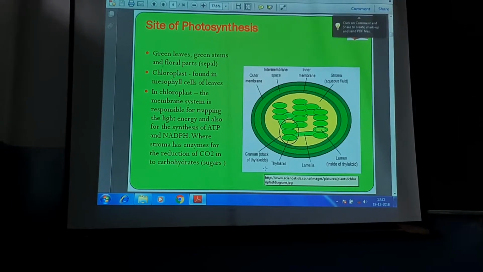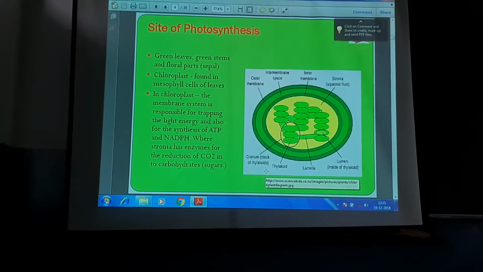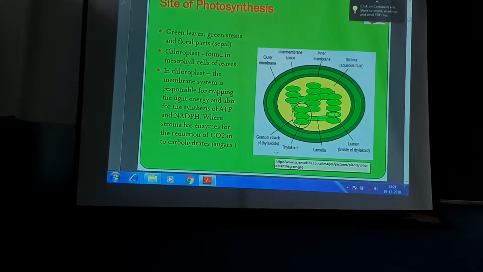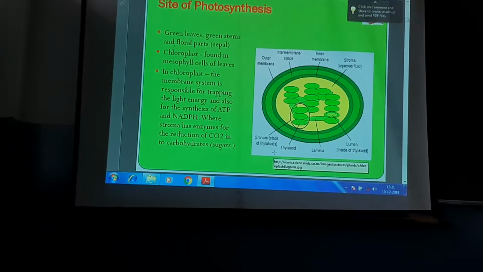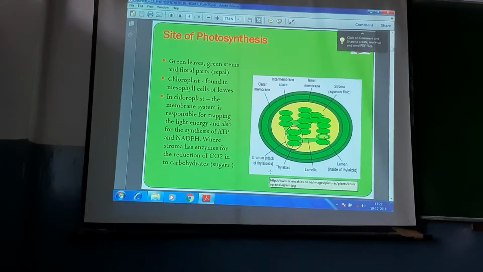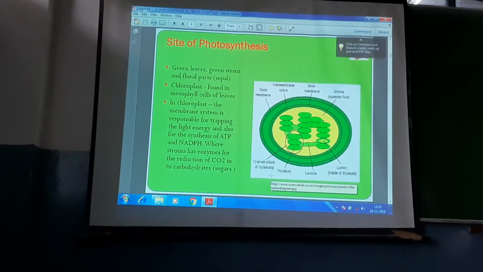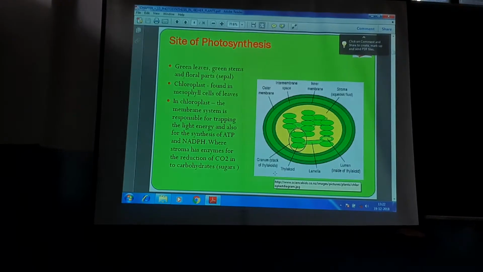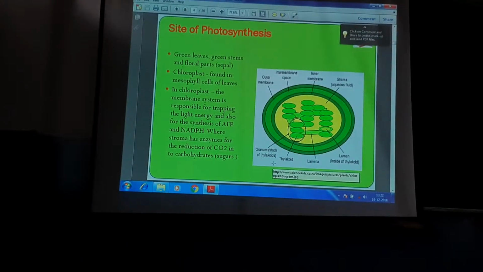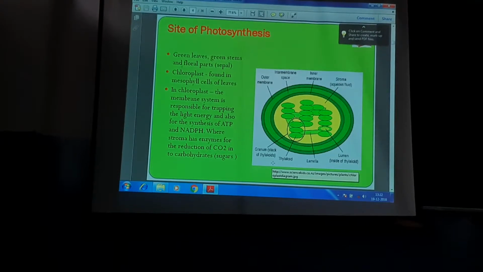They have coin-like structures, which we call thylakoids. Thylakoids are arranged one above the other, forming a pile of coin-like structures, which we call a granum. The thylakoids are interconnected, and we call them lamellae or thread.